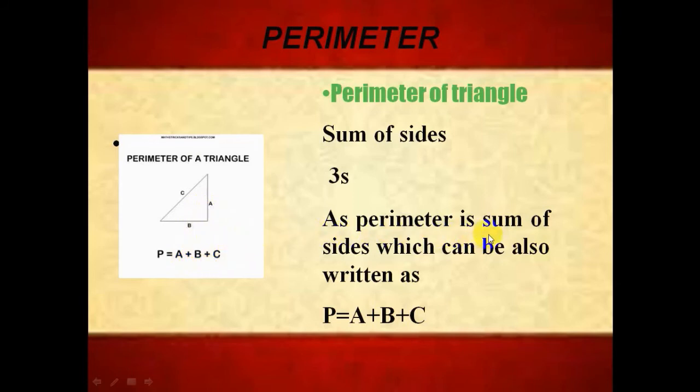The perimeter is the sum of sides, which can also be written as A plus B plus C.